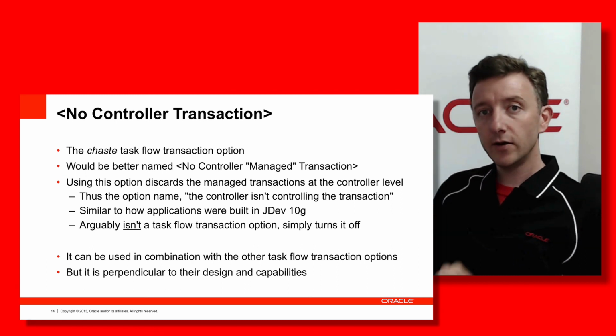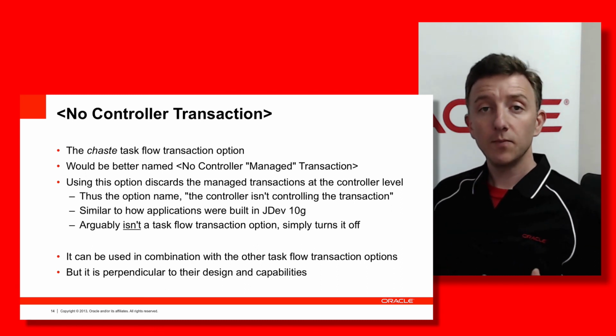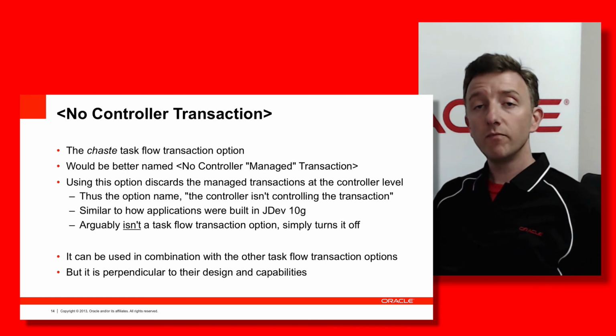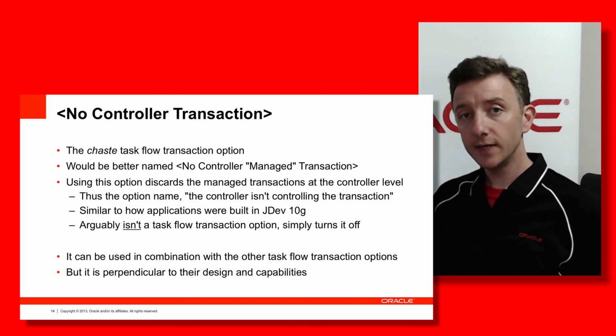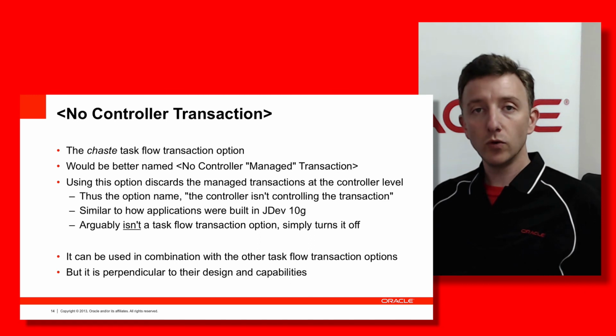Now the little caveat there again is, remember the example that I just talked about where you have maybe multiple ADF libraries with bounded task flows in their own root AMs.